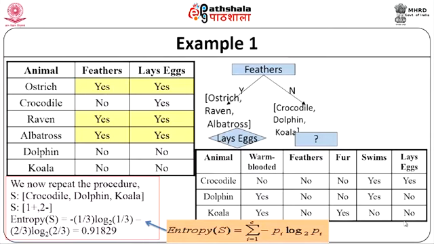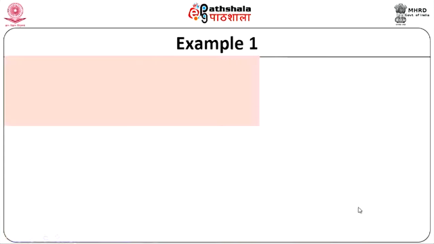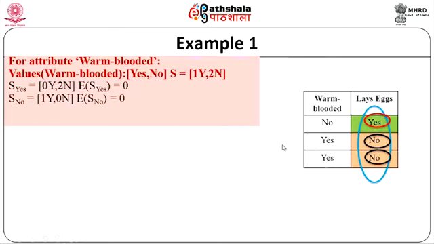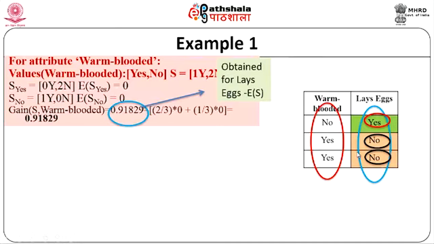Taking the positive value and negative value, I get 0.9186. Now, with those 3 values alone I have to do it for warm blooded. When I do it for warm blooded, just like before, the entropy is 0 because both values belong to the same class, both are no. For lays eggs I get 0.9187, and this value gives a low gain.